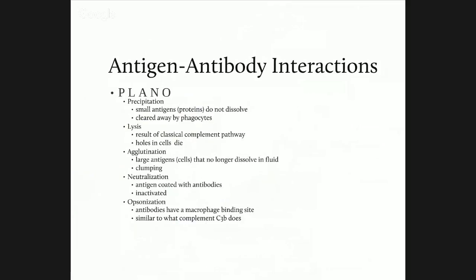Agglutination is very similar to precipitation, but it's for large antigens, which means cellular antigens. You should recall the word agglutination because it came up when we were talking about blood typing. When you are typing blood, you're exposing blood to antibodies against the A antigen or the B antigen or the Rh factor antigen to see which antigen is present on the blood.